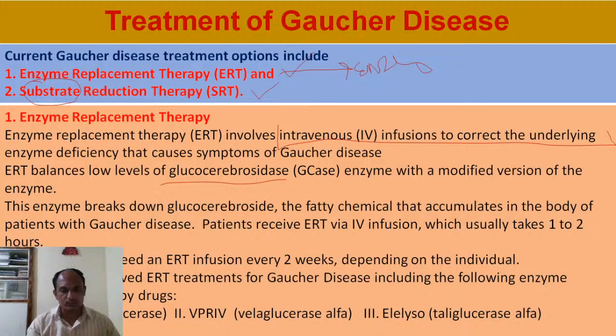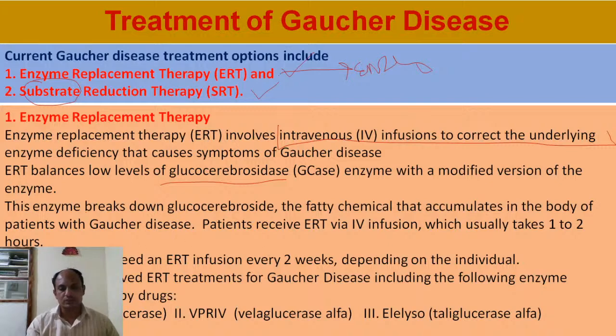And we know the functioning of that enzyme: it breaks down glucocerebroside, the fatty compound or chemical which gets accumulated in the body of patients suffering from Gaucher disease. So in those patients there is an accumulation of this compound, and that's why it is very essential to break down this substance. So it gets recycled or removed from the cell, and that's how enzyme replacement therapy works.